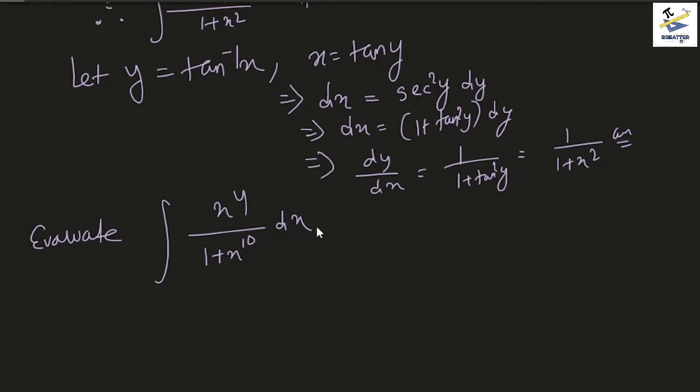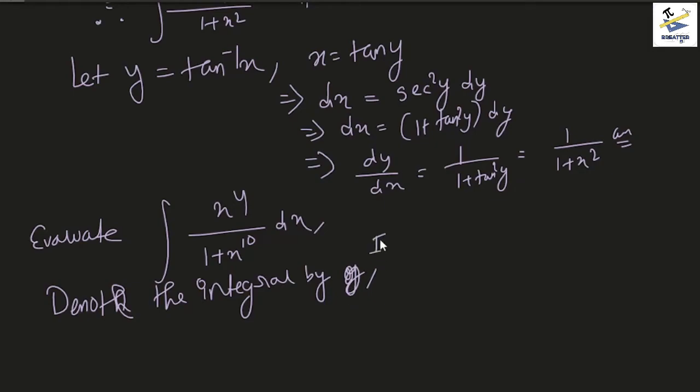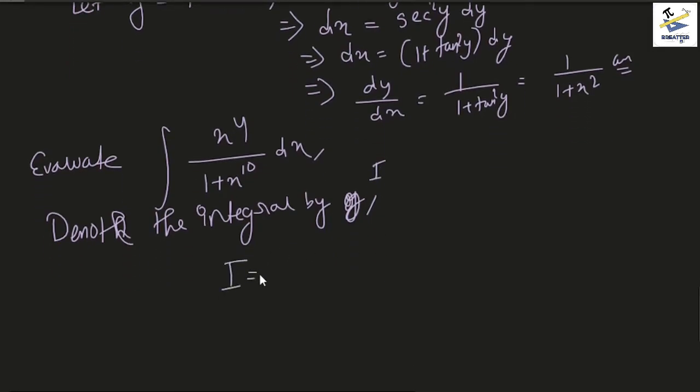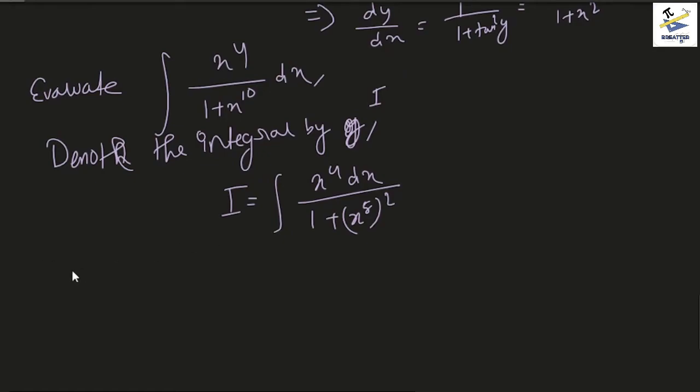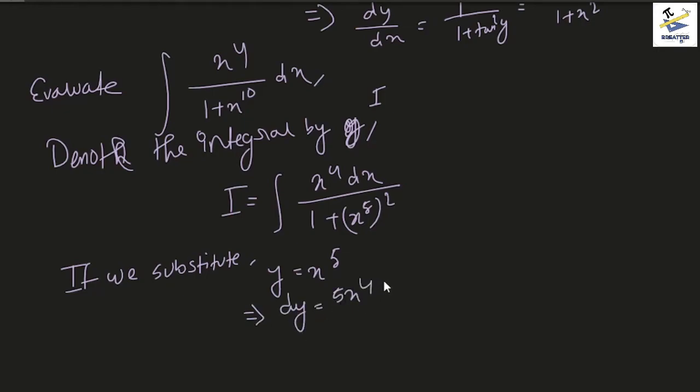Or not any constant multiple of x to the power 4 dx, rather. But what we can do here is denote the integral by I. Then what we get is: capital I equals the integral of x to the power 4 dx divided by x to the power 10, and we can write x to the power 10 as x to the power 5 whole squared, because in that case, if we substitute y equals x to the power 5, we get dy equals 5 into x to the power 4 dx, right?